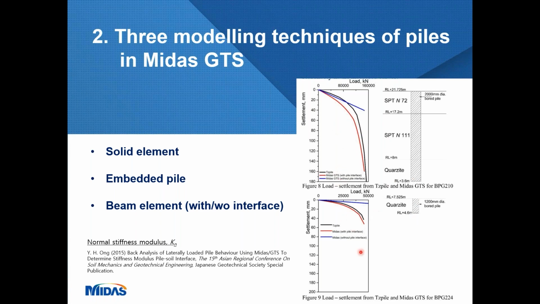These are single pile problems modeled using MIDAS GTS NX. One is a long pile problem, and the other one is a short pile problem. They are all socketed into the rock. Now, if you model the pile with interface, beam with interface using the highly nonlinear TZ model, you are able to produce the load settlement curve with very high nonlinearity, right?